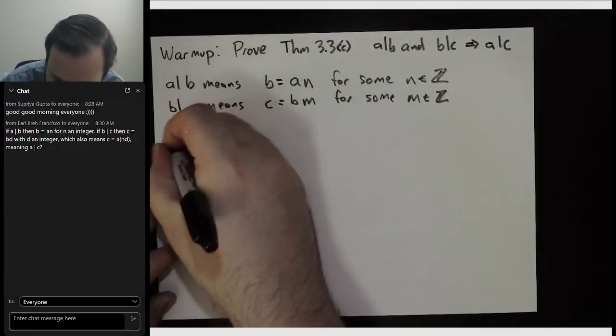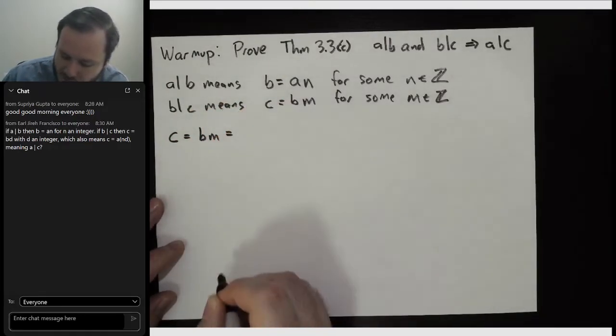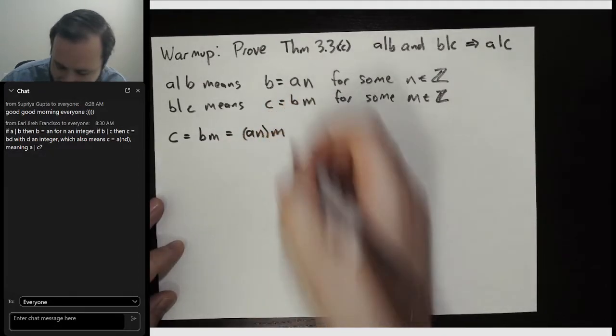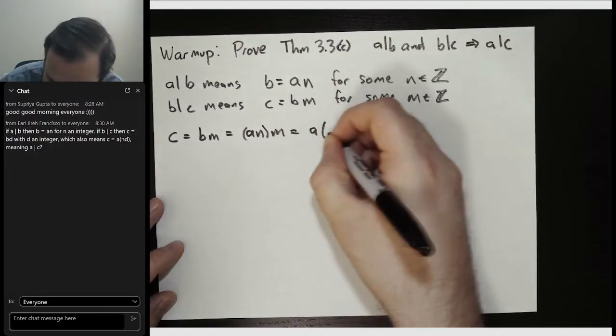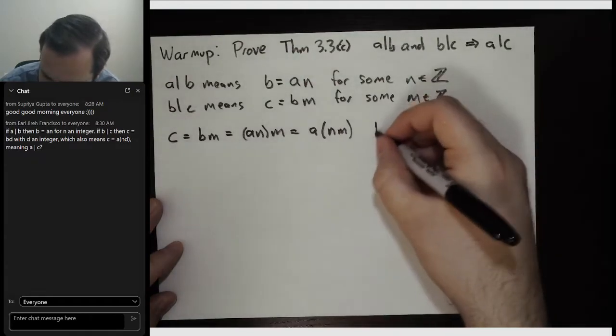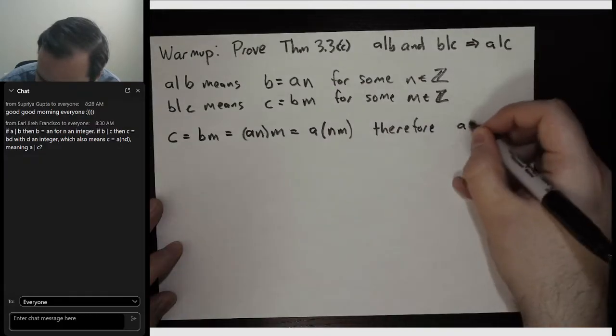Well, we have C is B times m, and B is A times n, times m. So this is A times the number n times m. Therefore, A divides C.